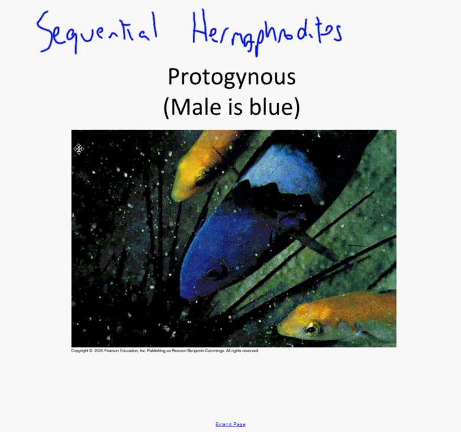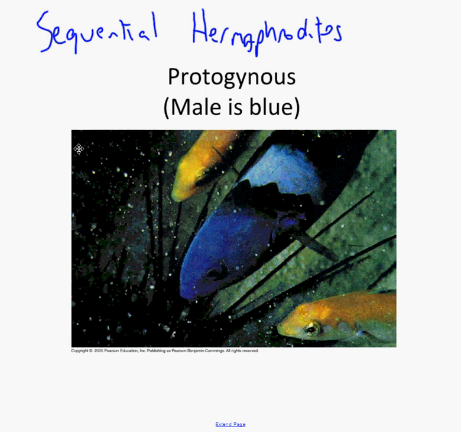Proto means first, or alpha. GYN means female. And so essentially what is going on here, this is where the alpha female becomes male. When the male in the group dies, the alpha female will become male, and thus moving the female line up the ladder. And so what does this ensure? Well, that the best genes are always going forward.